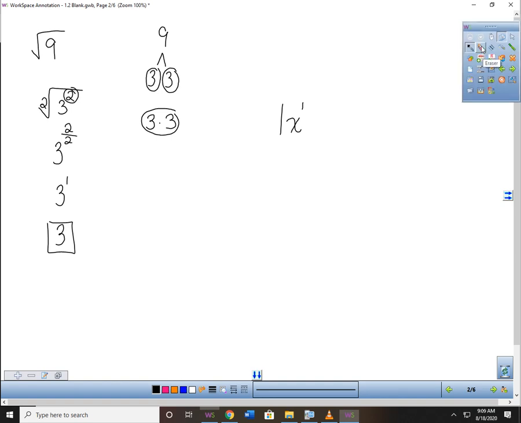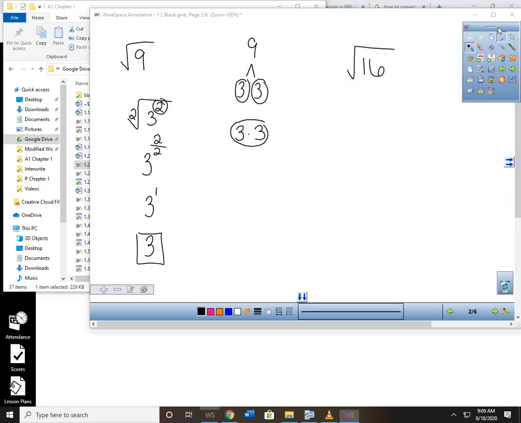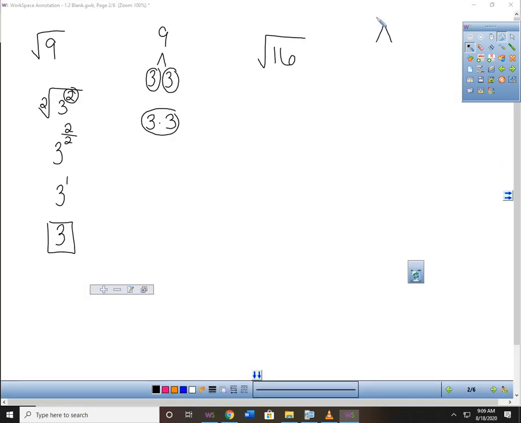Okay, so let's say I did the square root of 16. I've got 2 times 8. 2 is a prime number. 8 is 2 times 4. 2 is a prime number.